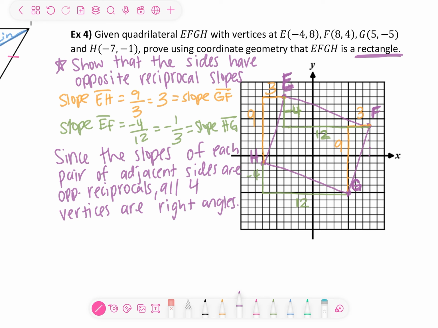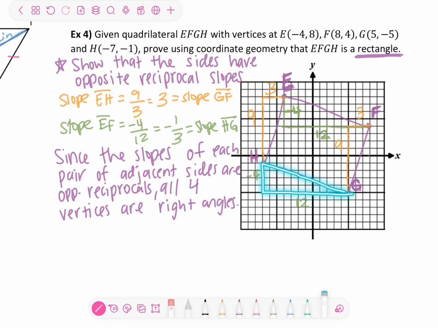Now, similarly, it's using the same information, but the reasoning is not the same. We can talk about the fact that EH and FG would be the same length, and EF and HG would be the same length. You can use either the Pythagorean theorem or the distance formula. They're really the same thing. If I use the distance formula to find HG, I would plug in a y change of 4 and an x change of 12.